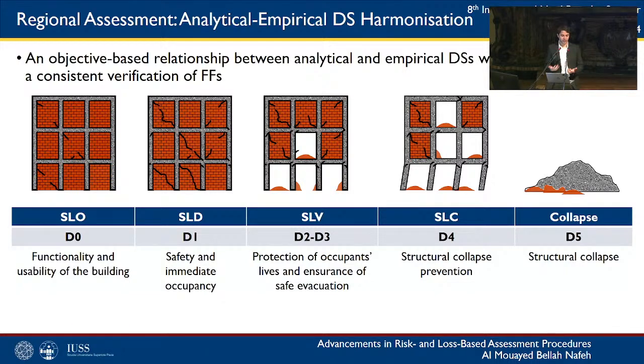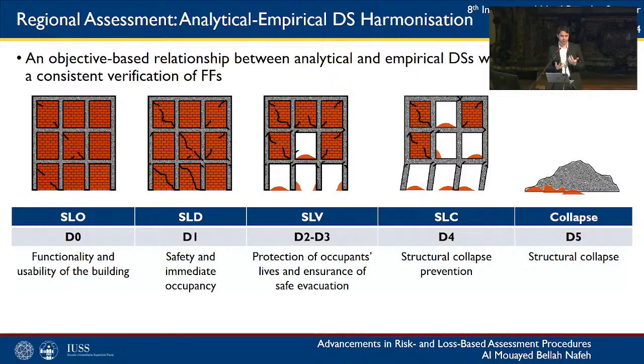So, using an objective relationship here to relate both NTC 2018 and the experimental findings with the empirical data seemed to have been suitable enough to capture the initial damage states, which were at serviceability, but weren't good or solid enough to take us home.